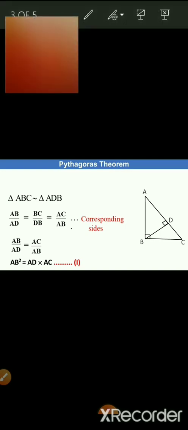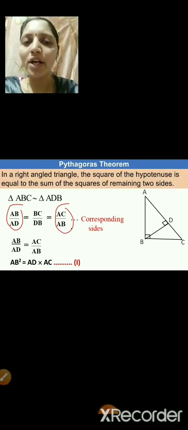Now let's consider this ratio and this ratio, that is AB upon AD is equal to AC upon AB. If you cross multiply, you will get here AB square is equal to AD into AC. Mark this equation as equation 1.